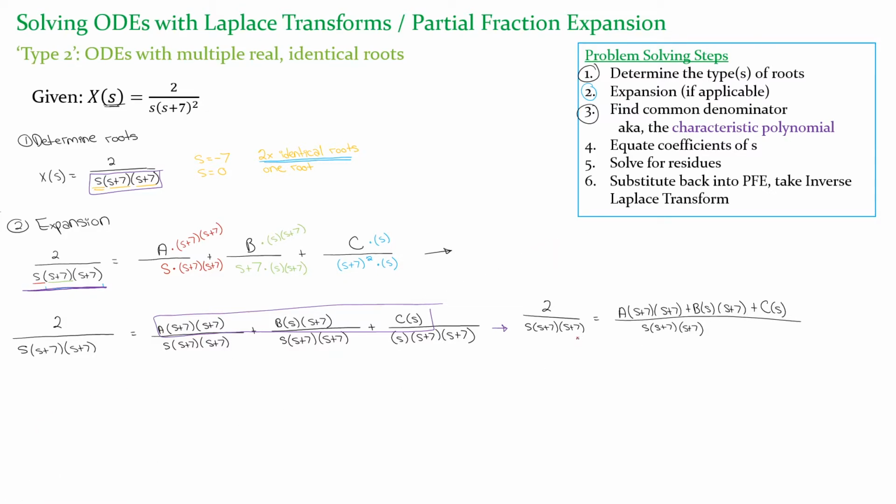And now what I can do is set the numerators equal to each other because now both the left and the right-hand side have the same denominator.